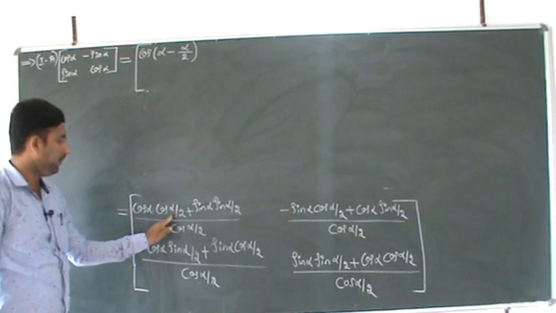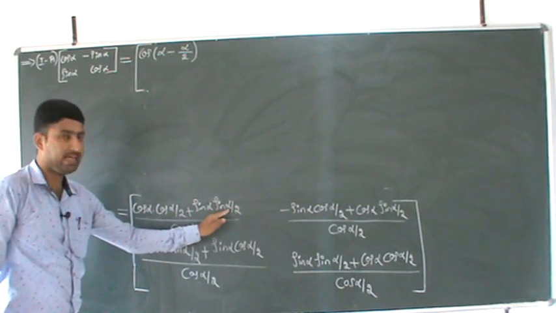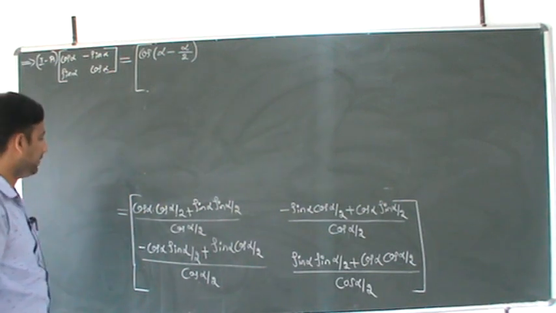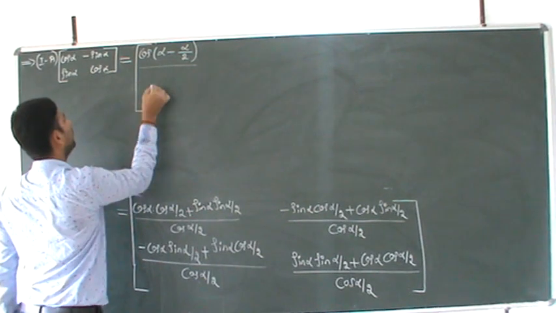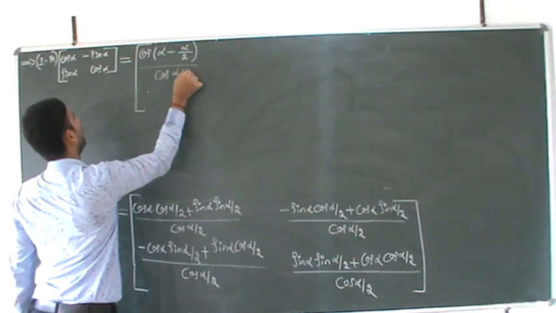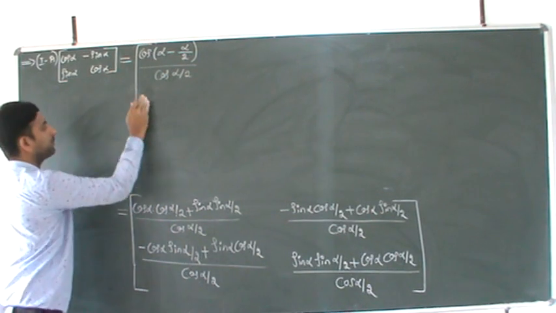Cos A cos B plus sin A sin B, cos of A minus B, divided by cos alpha. You should not forget the value of the denominator, that is cos alpha by 2. Take it into account.